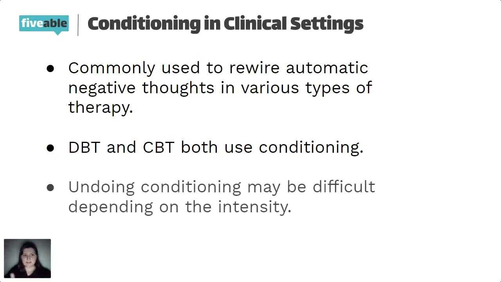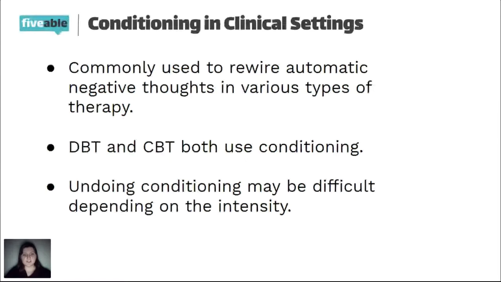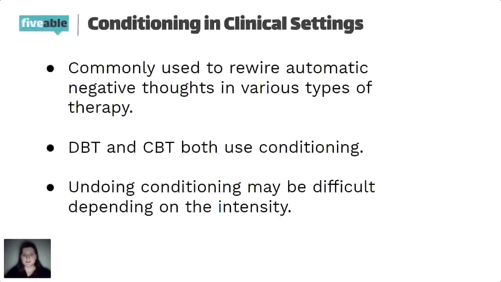And then lastly, undoing conditioning might be difficult depending on the intensity. You might have seen cases of abuse or neglect where the child has been conditioned so much that the issue is deeply ingrained and extremely hard to undo.